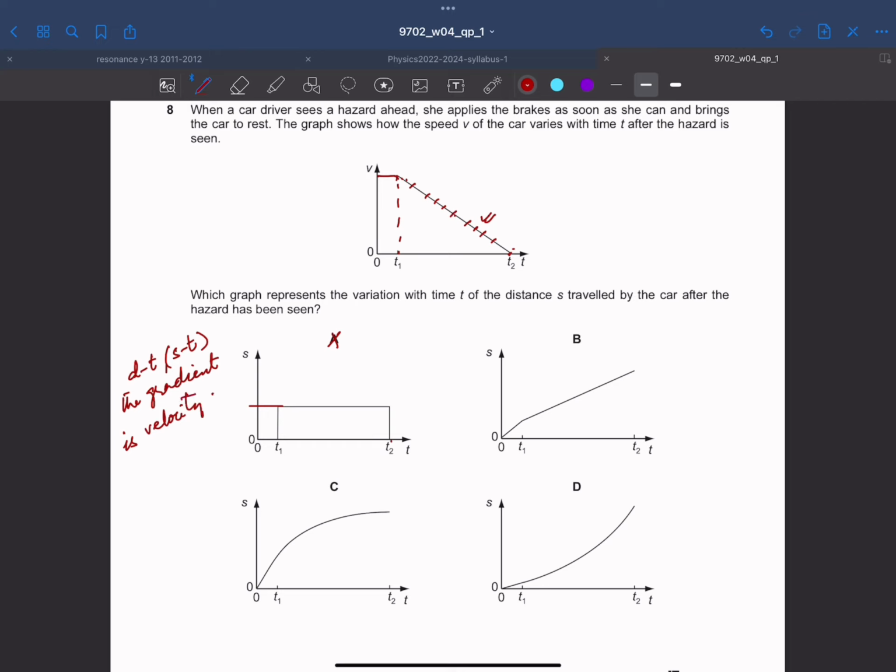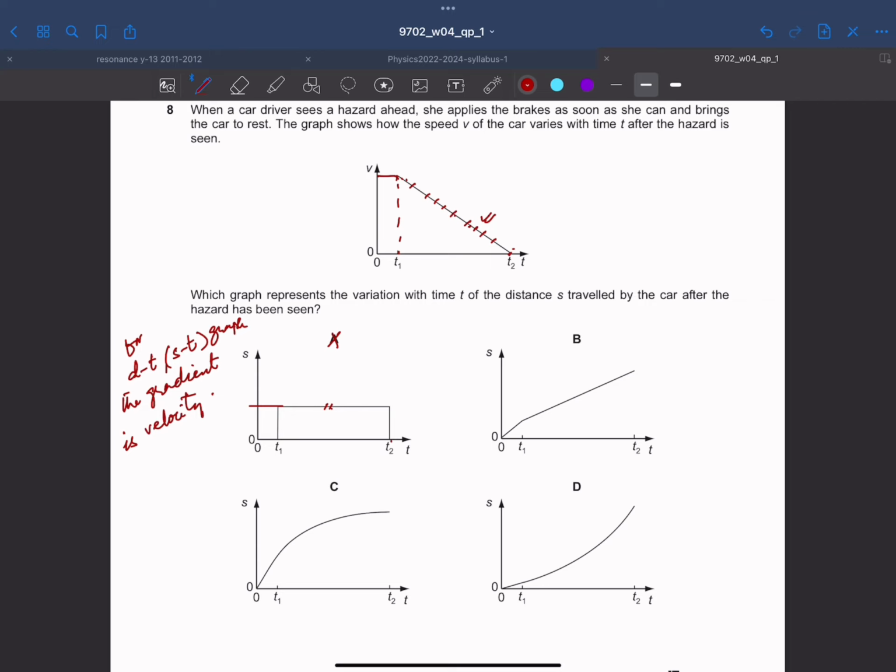For a d-t graph or s-t graph, the gradient is velocity. This is not correct because there is zero gradient, but here we have velocity between time t1 and t2 decreasing. Velocity is decreasing, so this is important. That's why A is not correct.